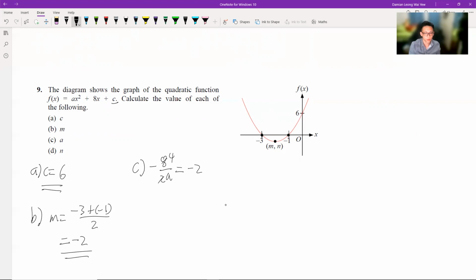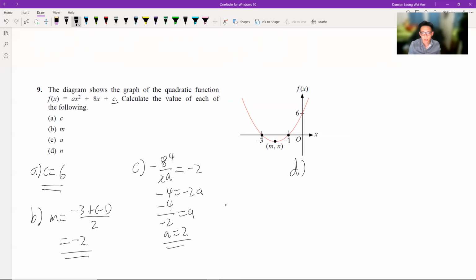Cut here, 4. So -4 is -2a. Bring over -2 times opposite divide. a is 2. The other method would be putting back the c and then substituting everything in.